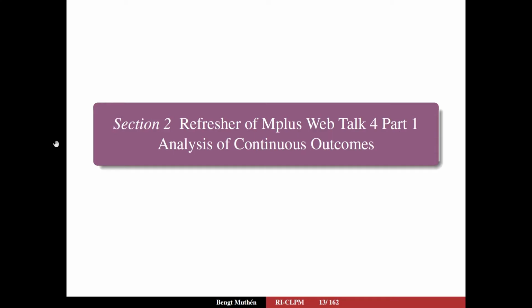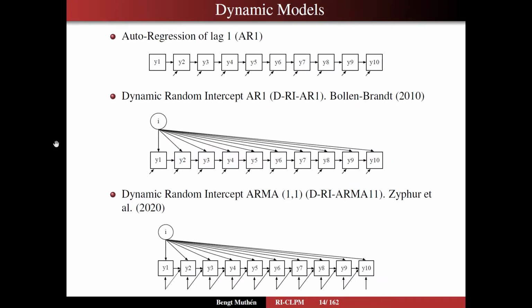Now we turn to section 2, which gives a refresher of part 1 of the Webtalk 4 analysis, continuous outcomes. So on slide 14, we list 3 different models.